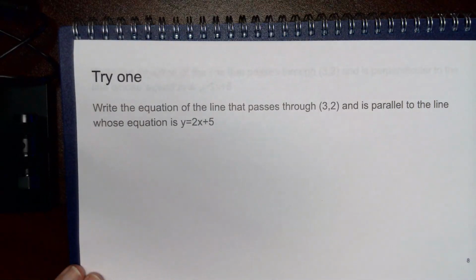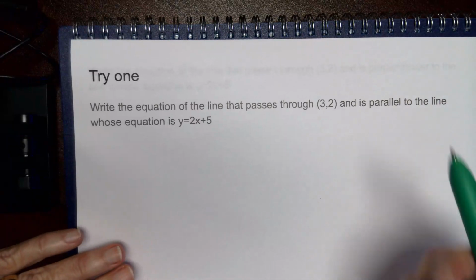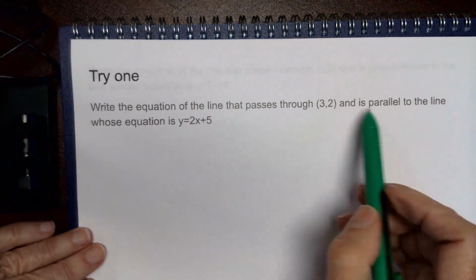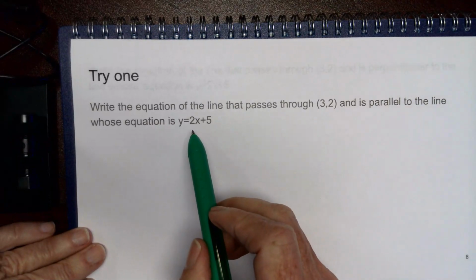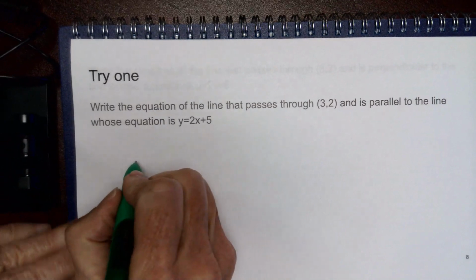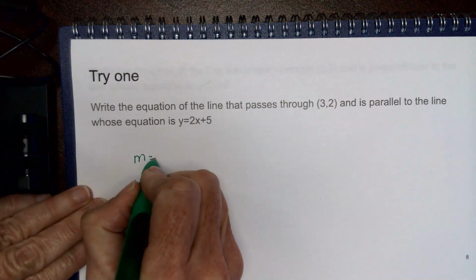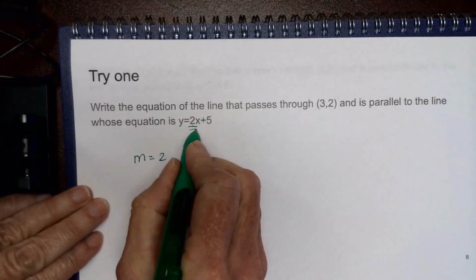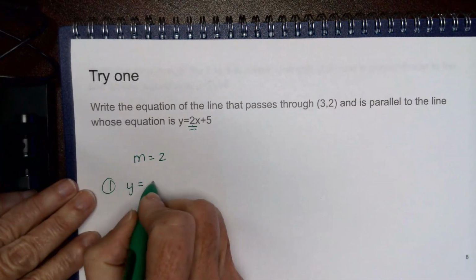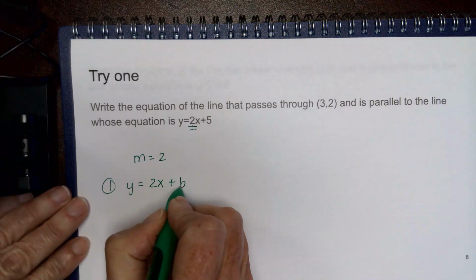All right, try one, and then come back to it. It goes through 3, 2 and is parallel to the equation of this line. So if it's parallel, it means it has the same slope. So the slope is 2. y is equal to 2x plus b.